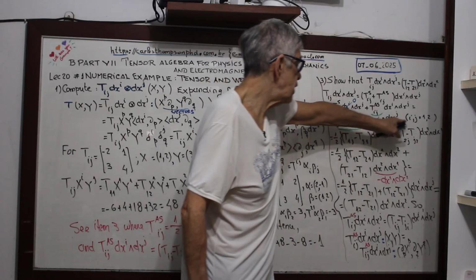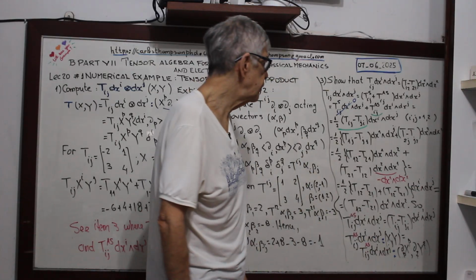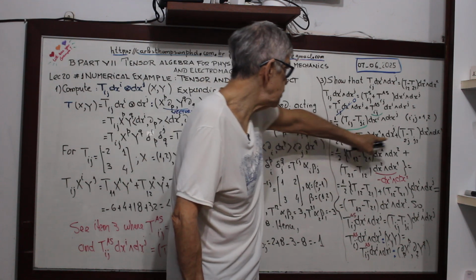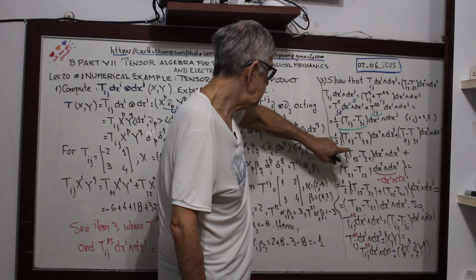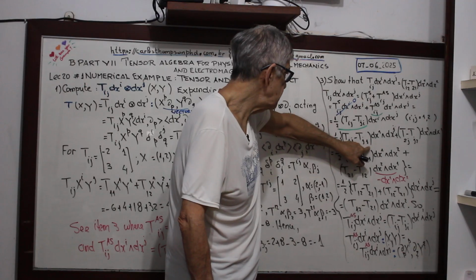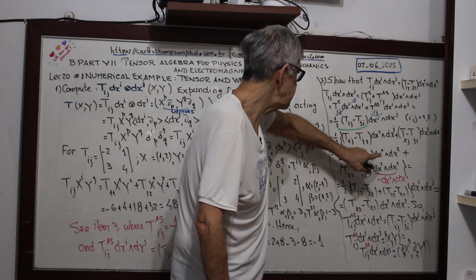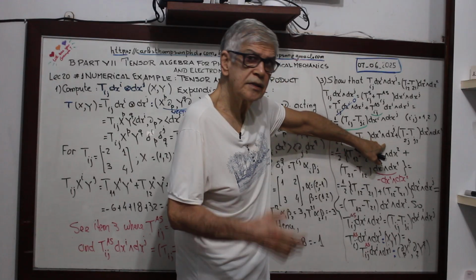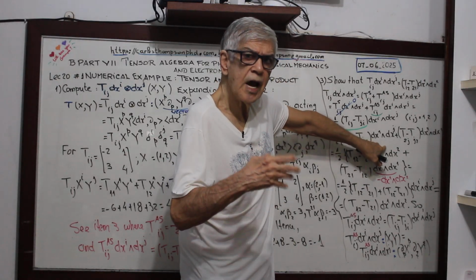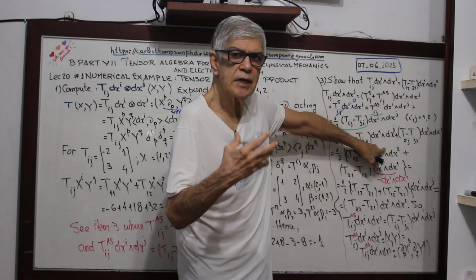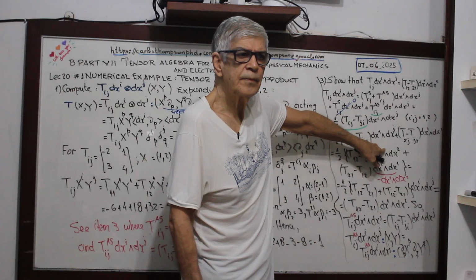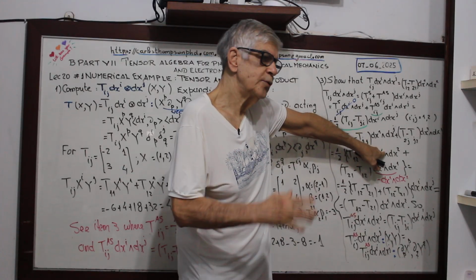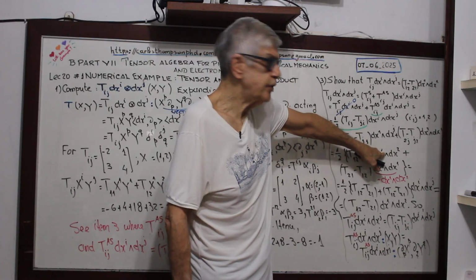Let's apply for i, j equal 1, 2. That's a particular case. Here i is 1, and dx^i wedge dx^i will be 0 to assure antisymmetry.